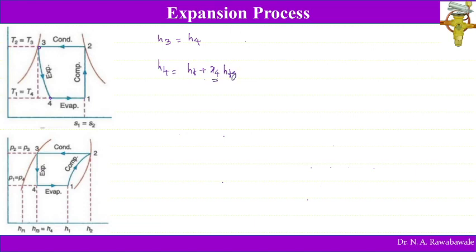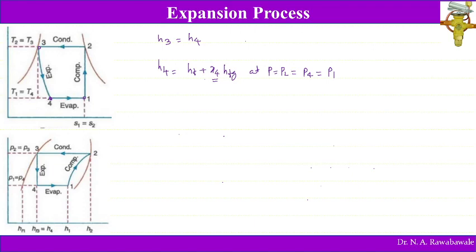X4 is the dryness fraction at point 4, and this is taken at pressure P equal to lower pressure PL, that is nothing but P4, where P4 is equal to P1, because process 4 to 1 is a constant pressure process. That is, the pressure at point 4 is equal to pressure at point 1.